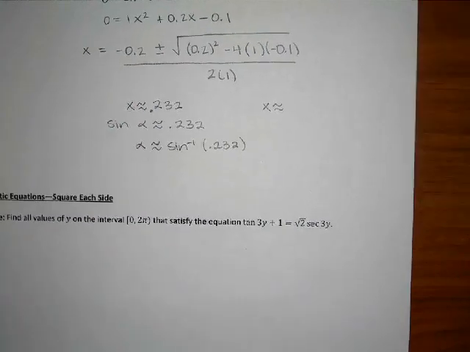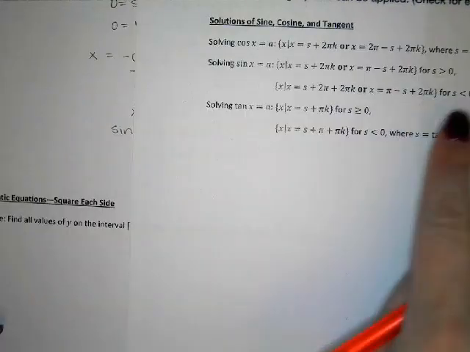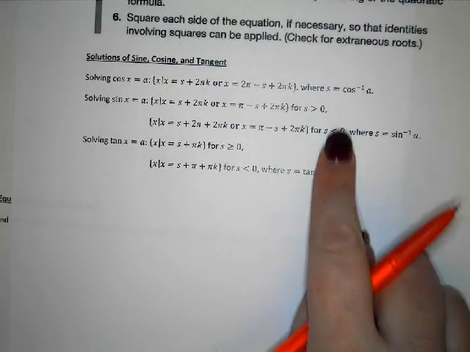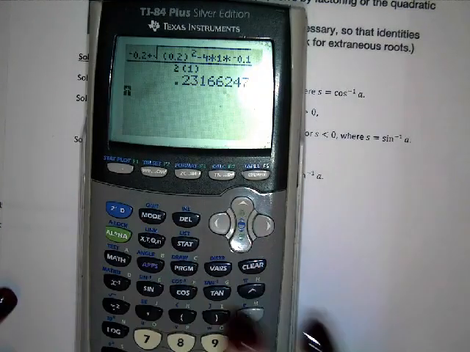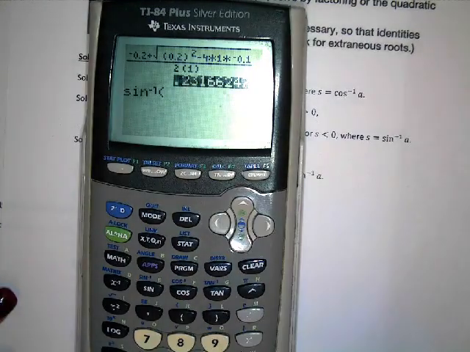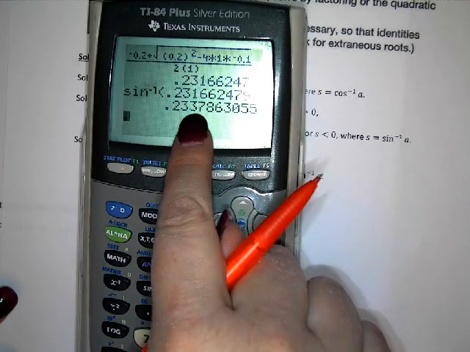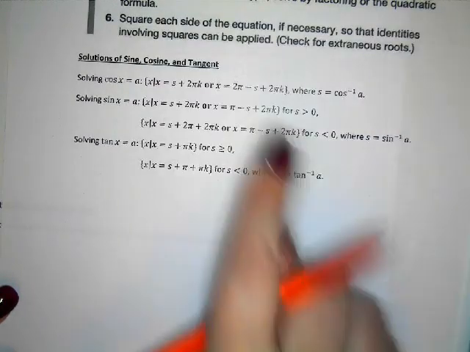So I need to pay attention to when I do sine inverse if my s is greater than 0 or less than 0. So I'm going to do sine inverse of this decimal. And I get this, okay? So sine inverse is an s value that's greater than 0. It's a positive s value, and so I'm going to do these two formulas right here.